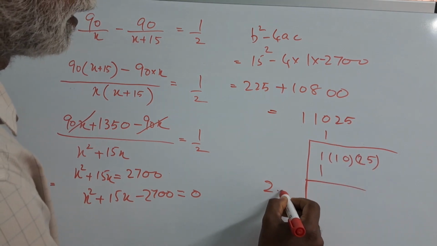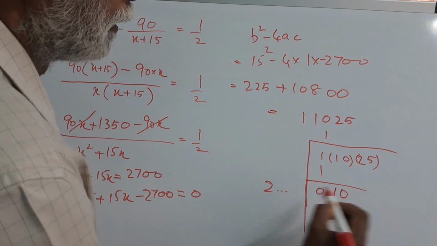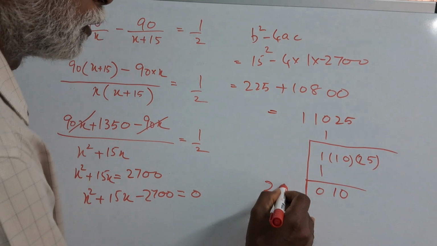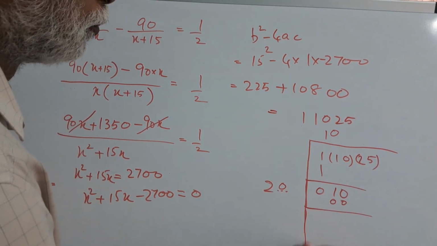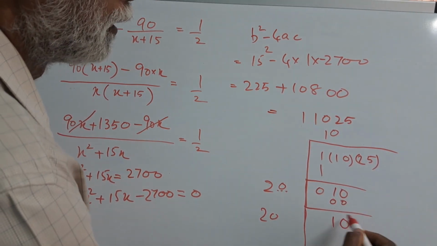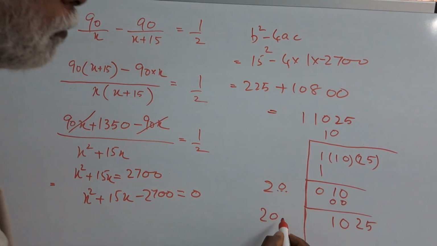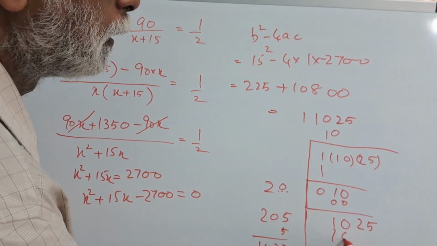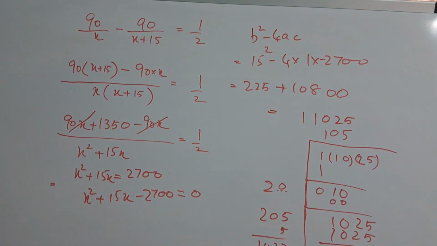Then add a number and multiply with the same number. We have 0 and 10 only. If you put 1, it is 21. It is more than 10. Therefore, put a 0 here. Now double it, 20. We have 10 as a remainder and 25. Then add one number and multiply with the same number. It is 5 into 5, 25. 1025 is a perfect square. 105 is the square root.